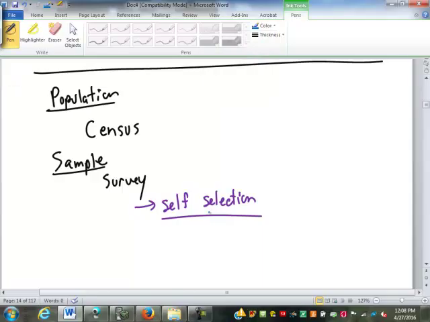An example of this: I worked for a period of time at the UW-Madison Statistical Research Center, and they designed surveys. One study I did, just to prove a point, was we sent out 1,000 surveys.